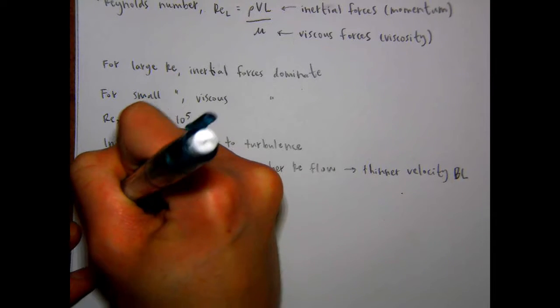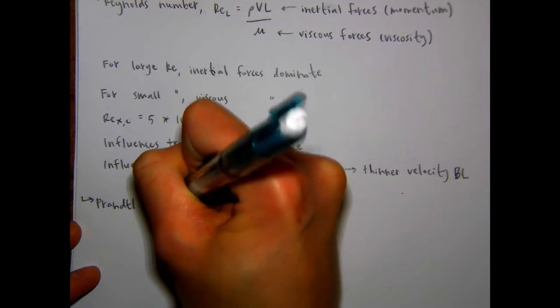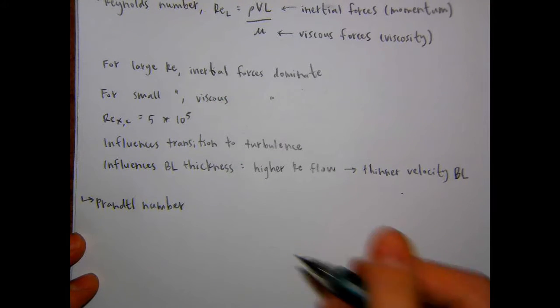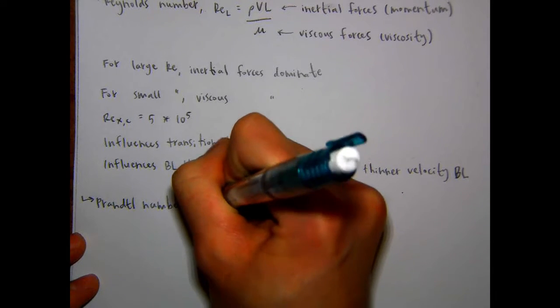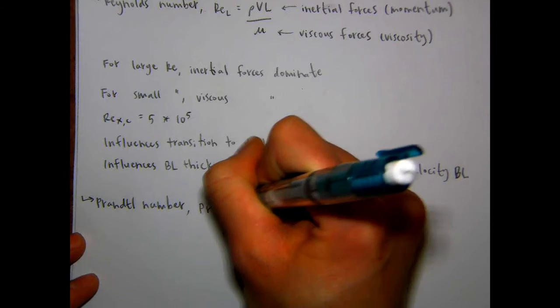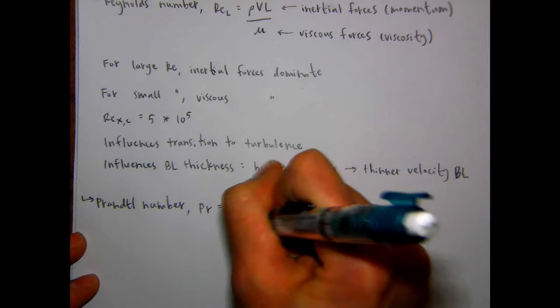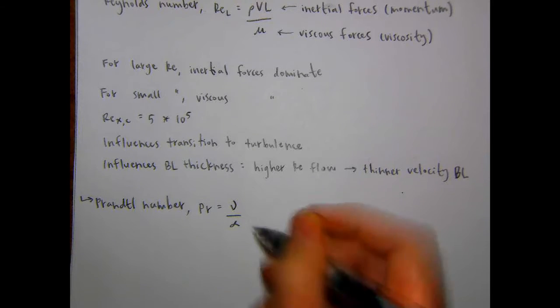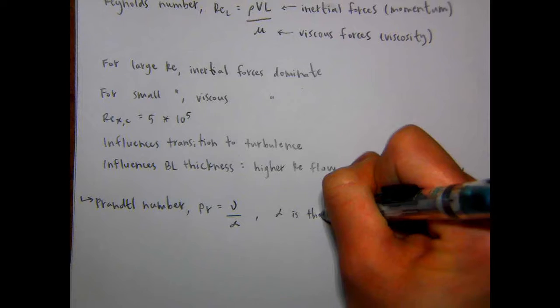Okay, the second dimensionless parameter that we're going to talk a lot about is the Prandtl number. That is, Pr is the kinematic viscosity, nu, over alpha, where we talked about on Wednesday, this alpha is the thermal diffusivity, which we talked about, I think, during the first or second week.